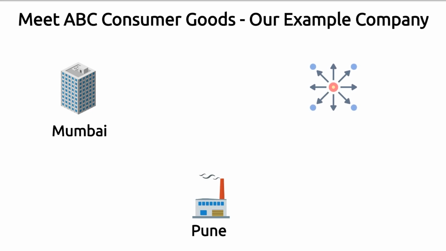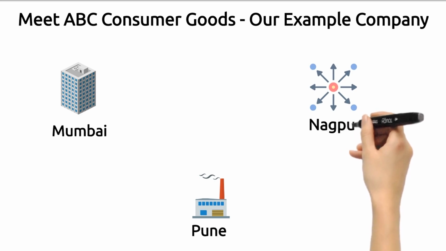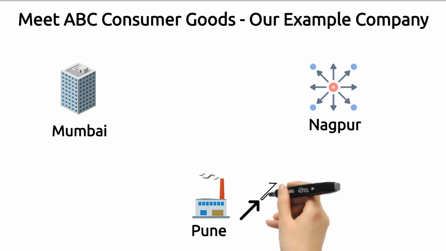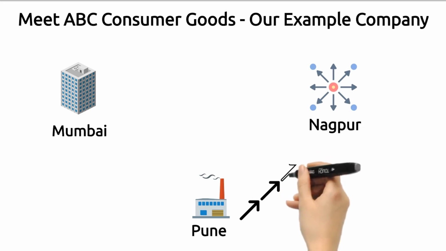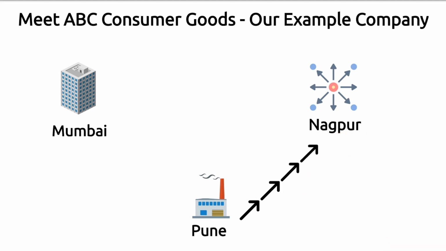The company structure looks like this. Raw materials come into Pune, get manufactured, move to Nagpur as finished goods, and then distribute to the market. In SAP, each location needs clear definition so that when a raw material purchase order is created, the system knows it's for Pune's manufacturing, not for the Mumbai office.